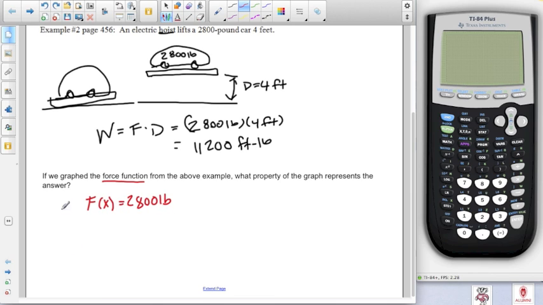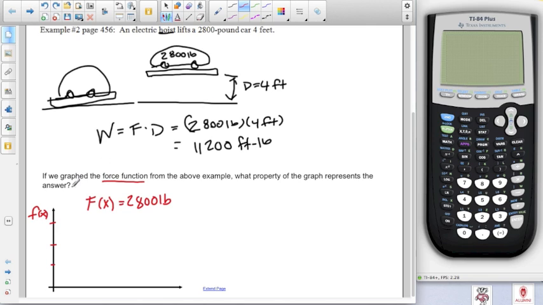And if we graph that force function, let's say it's 1,000, 2,000, 3,000.